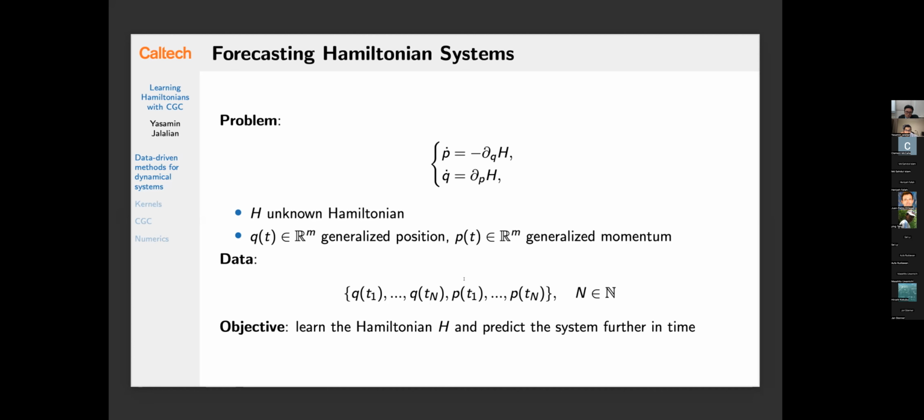Our data is a finite set of points on q and p, so we don't know p and q outside this finite set of time series. Our goal is to learn this Hamiltonian and predict the system further in time.